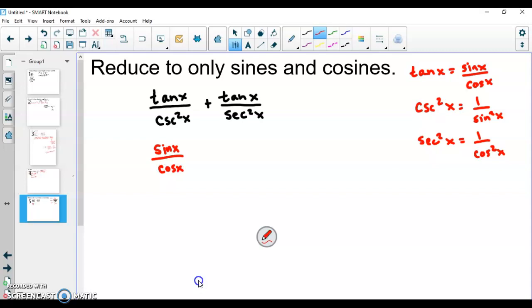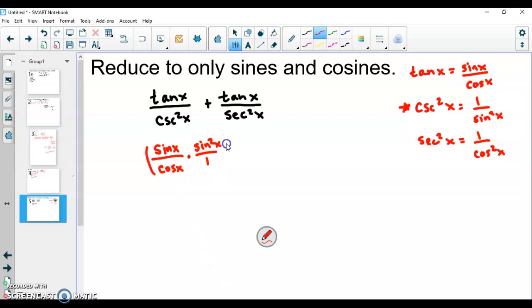I know that tan x is being divided by cosecant squared x, which is actually 1 over sine squared x. That means that when I divide, I'm actually multiplying by sine squared x over 1, or its reciprocal.